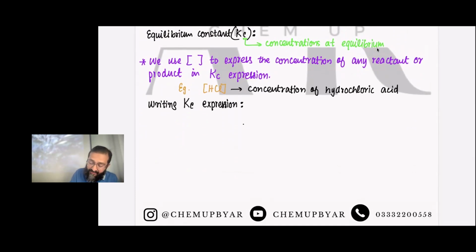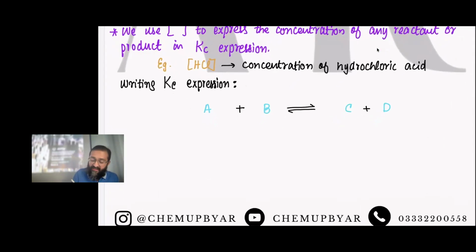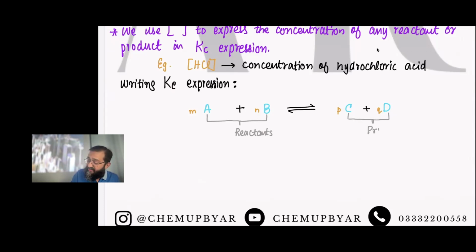For example, I have one reactant A and another reactant B turning into a product C and another product D. Now, to balance this equation we usually use numbers, but right now, instead of numbers, I am just putting the small letters M, N, P, Q. These two are the reactants, and these two are the products. Till here, is this clear to all of you?